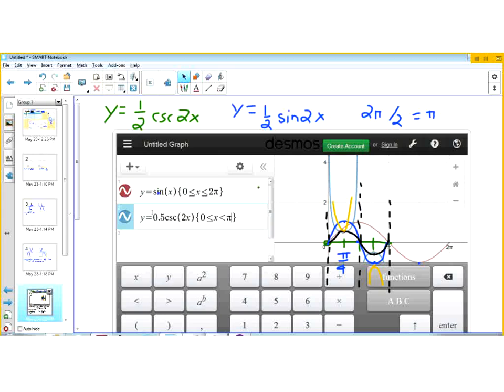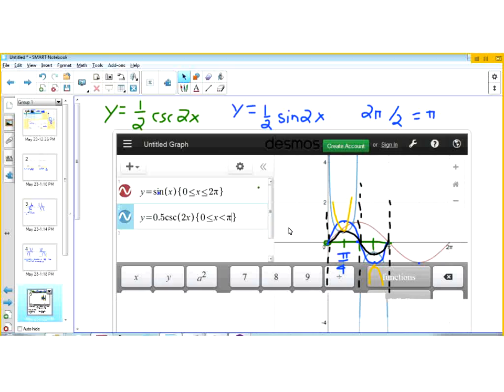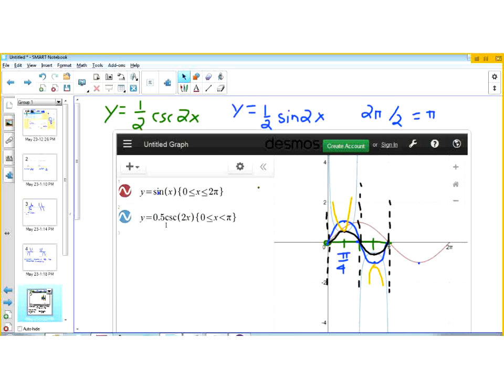The period is pi, I'm sorry. Okay, and so they do match up. The computer drew it in blue, a light baby blue.